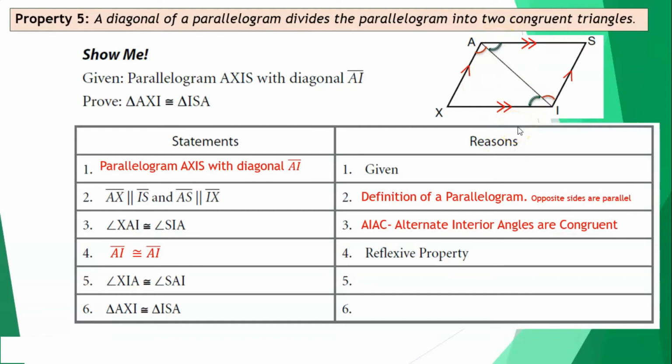Another is angle XIA, which is congruent to angle SAI because they are also alternate interior angles. So with this, we have proven that the bottom and the top triangles are congruent because of ASA triangle congruence, because you have an angle, an included side, and an angle. So take note of that.